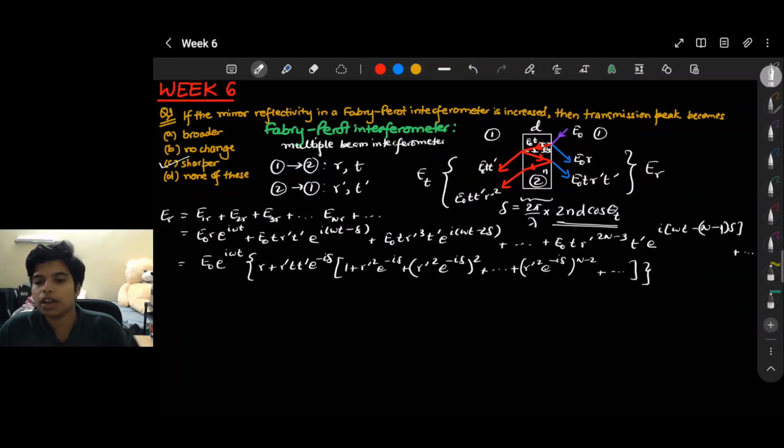Okay, so let me check the chat box if there are any queries. Someone is asking what is E1R, E2R. This is just this. This beam right here is E1R. This beam right here is E2R. And the next beam would be E3R and so on and so forth.